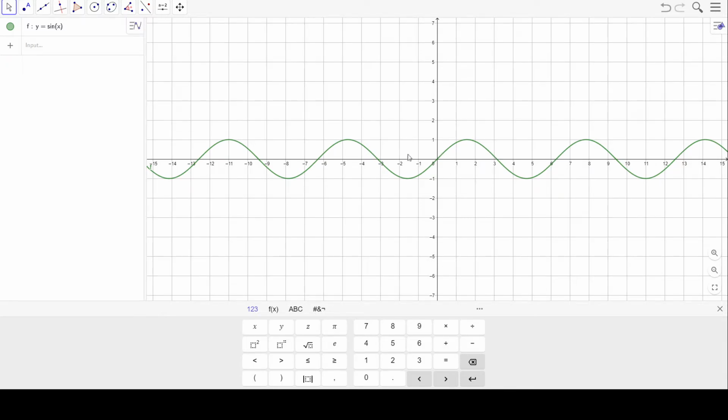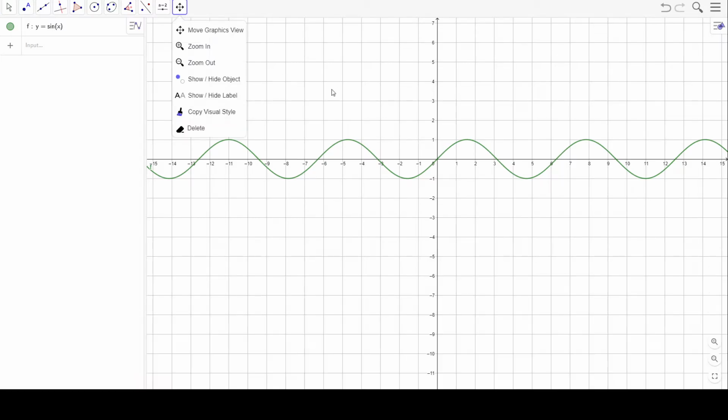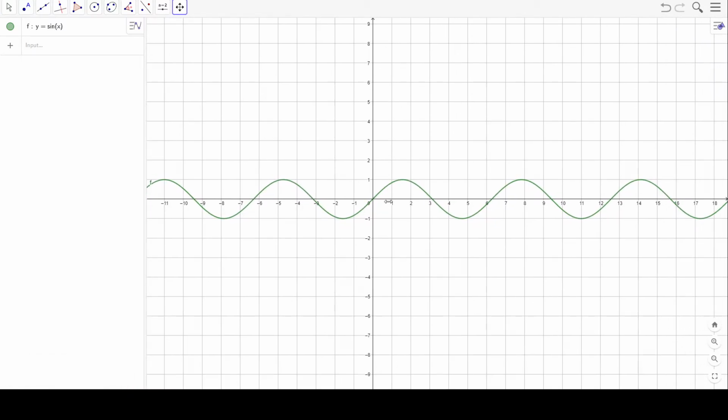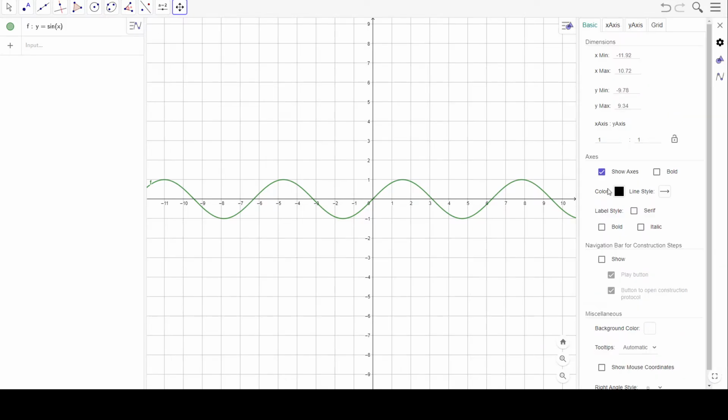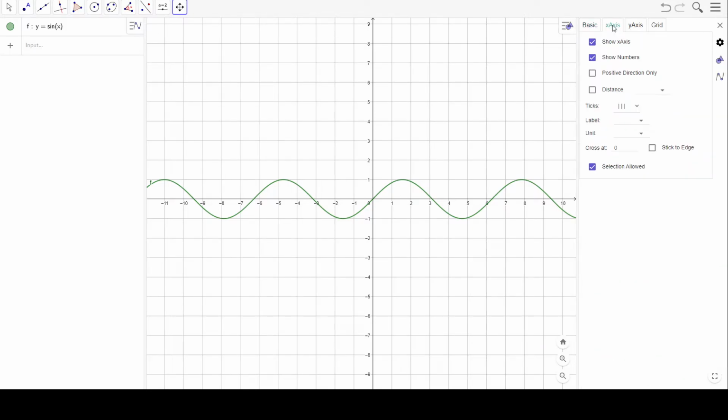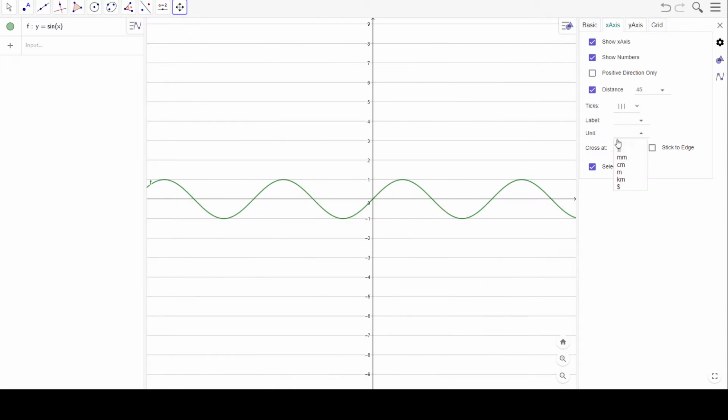So here, let us try to see what we can do. Let me see if we can do it in degrees. If I remember correctly, if I go to graphics and then I go to x-axis, I can set the distance. I think 45 is good, so let me make it 45. And then let me change the label to degrees. And then the problem is, what happens now?